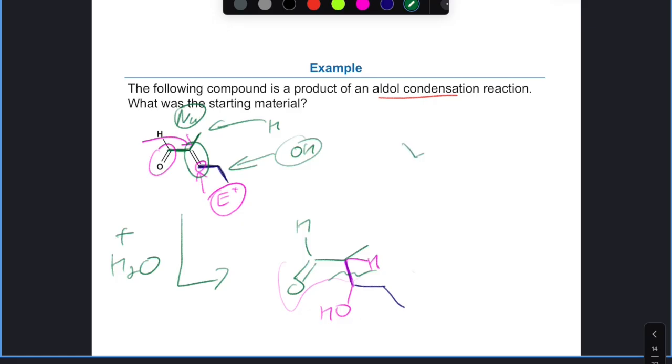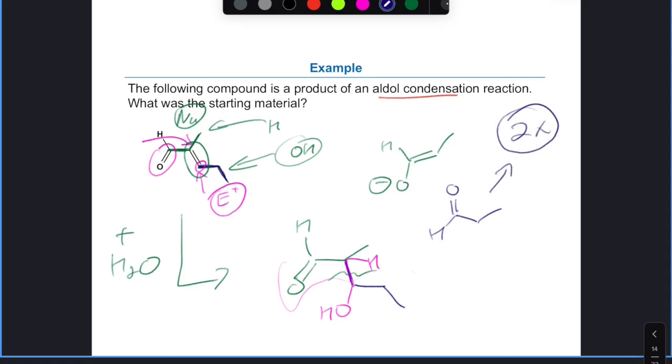Well, if we did it by enolate, it would be O minus, that would be my nucleophile, and the electrophilic fragment that I would be coming back from this one would just simply be that aldehyde, which means it's two molecules of that compound is really what this came back to.